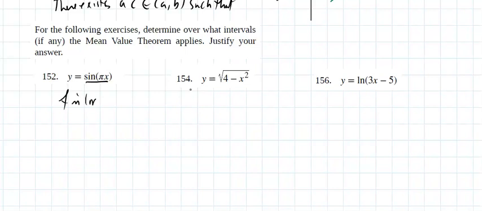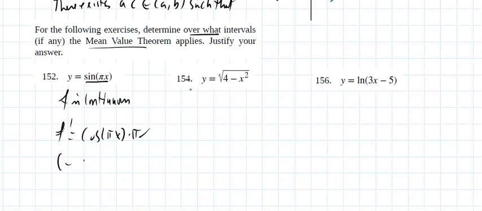How about the derivative? Isn't the derivative of that the cosine of pi x times pi? This is always continuous everywhere. So they're asking over what interval does the mean value apply? It applies everywhere. That's not a problem.